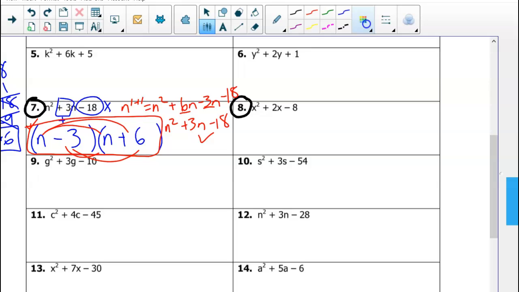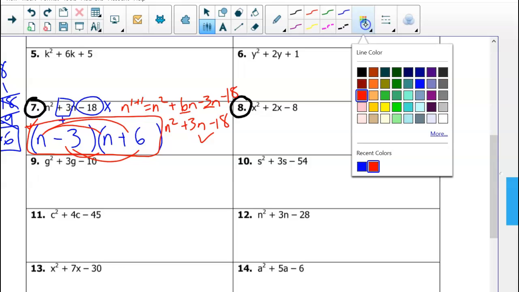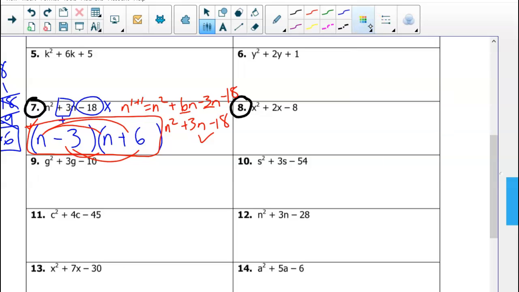Let's try another one of those examples. Now we need to find the factors that multiply to be negative 8 and add to be positive 2. Factors of 8, we have 1 and 8, 2 and 4. If I have negative 1 and positive 8, that's positive 7, that would not work.